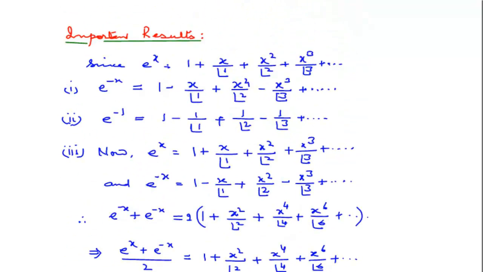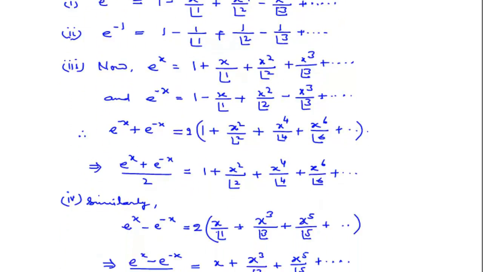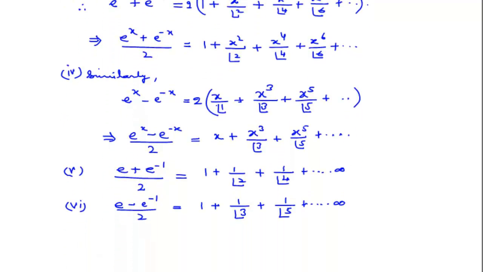So this way we see the important deductions, or we can say important results in the expansions of the exponential series. These results we will be using frequently while solving the questions.